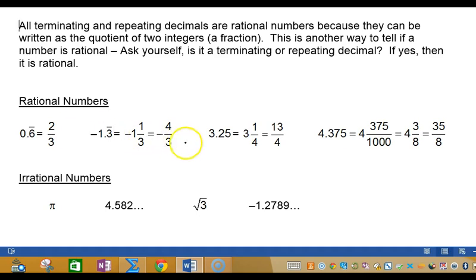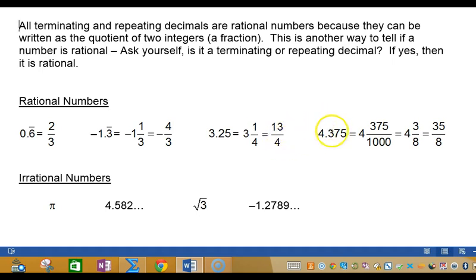And then the next two examples are decimals that terminate or end. So 3 and 25/100ths, we can write that as the mixed number 3 and 1/4, which can then be turned into a quotient of two integers. 4 times 3 is 12, plus 1 is 13. So this is the same thing as 13/4.